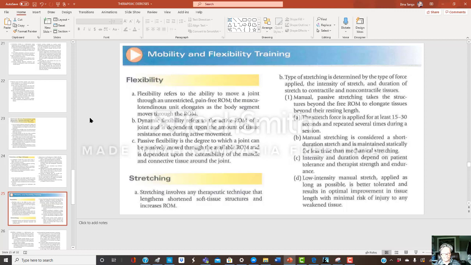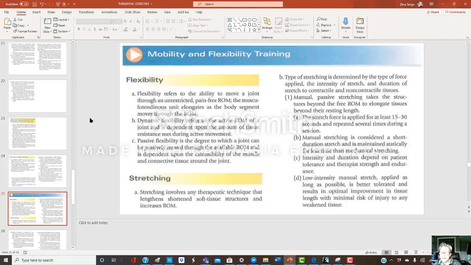Stretching. Stretching involves any therapeutic technique that lengthens soft tissue structures and increases range of motion. Type of stretching is determined by the type of force applied, the intensity of stretch and duration of stretch to contractile and non-contractile tissues.